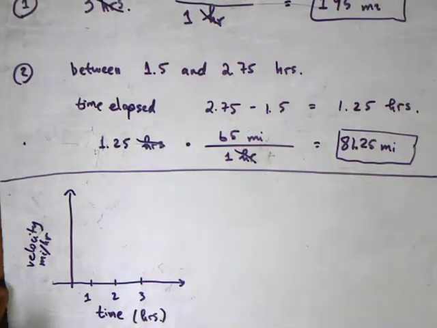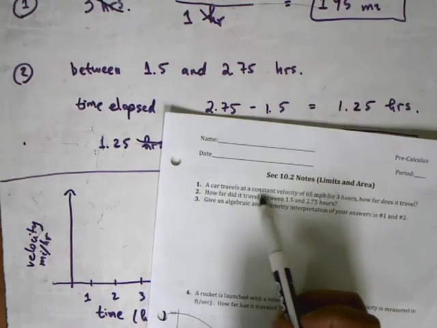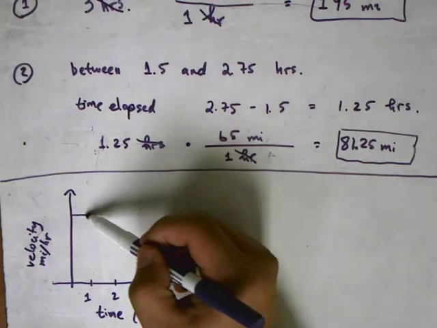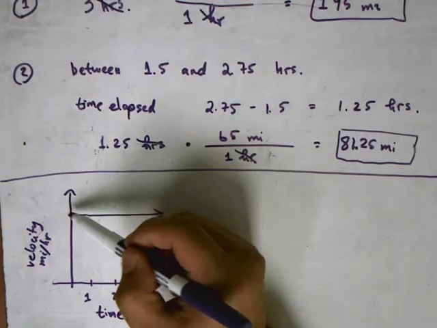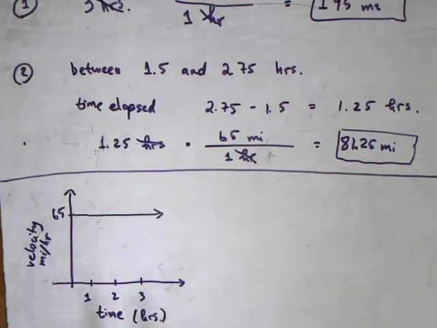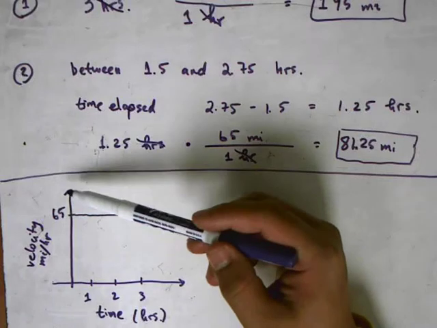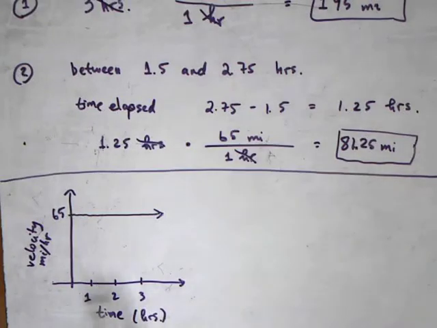And this car is going at a constant velocity, so it never changes, and it's going this far. This is 65. Keep in mind, the y-axis represents velocity, and the horizontal x-axis represents time.